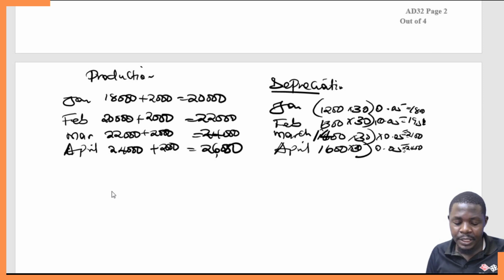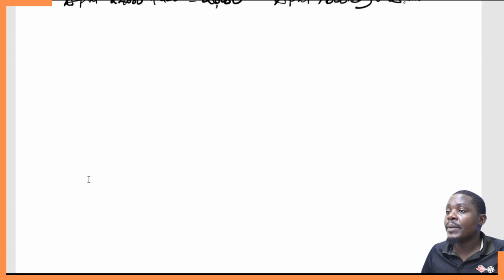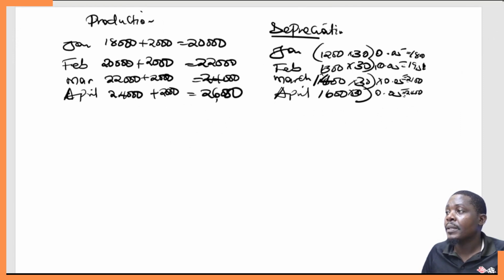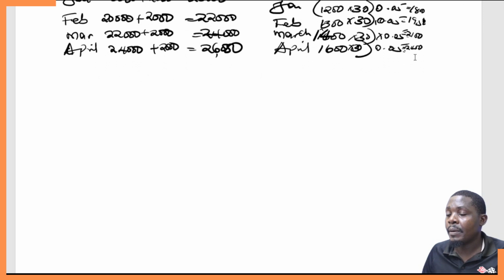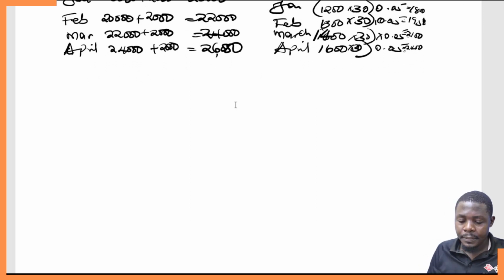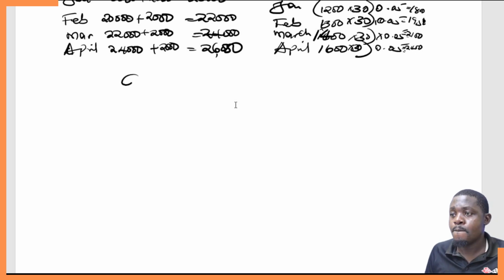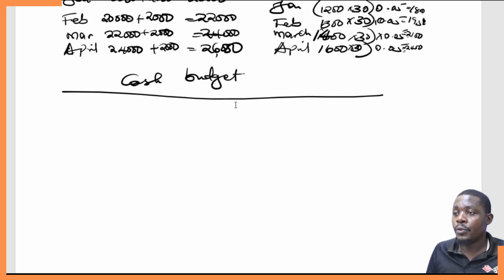Those are depreciation expense. Now from that point, I guess we can come up with our cash budget. I'm going to have this.